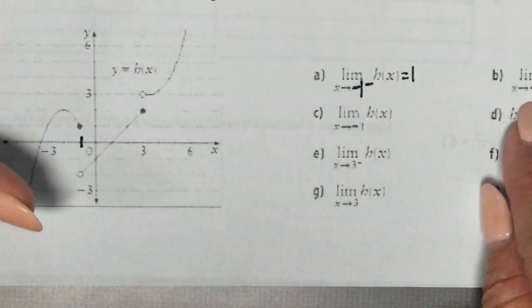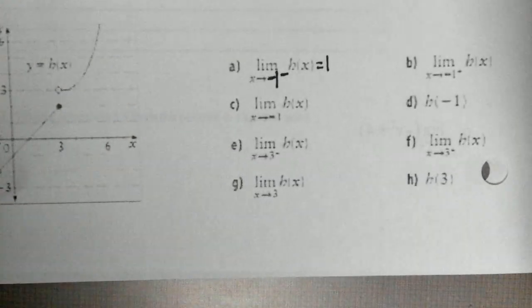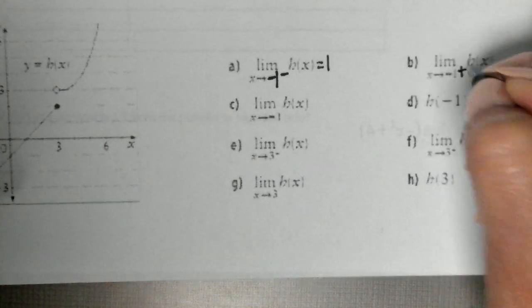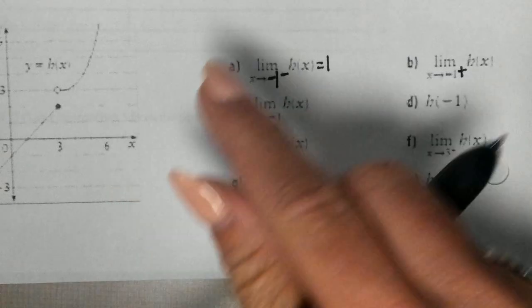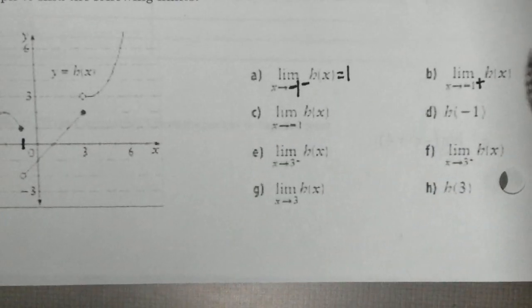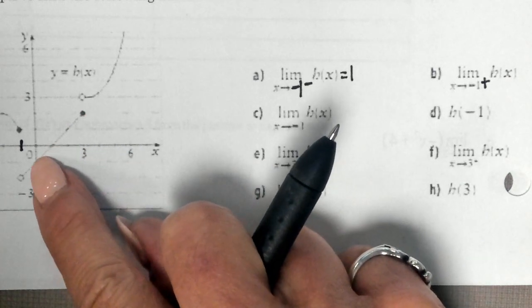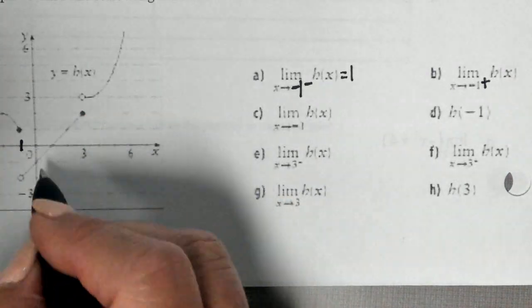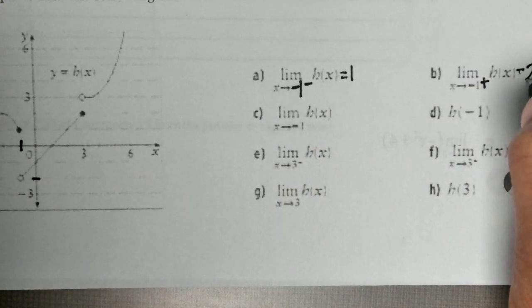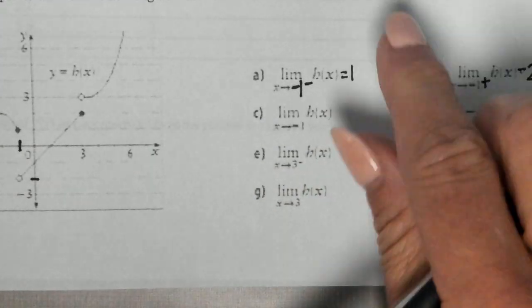However, part B is saying, well, what happens as you approach negative 1 from the right side? And as I'm approaching it from the right side, over here, the function is approaching negative 2. So the function is approaching negative 2.